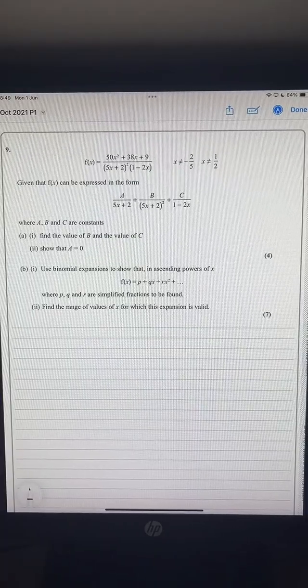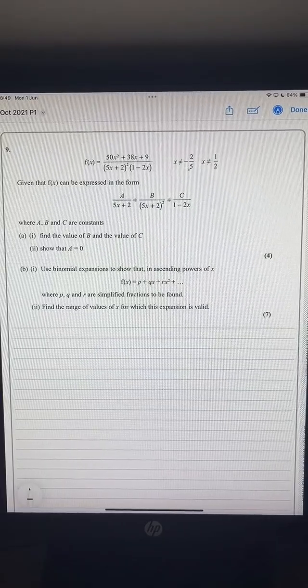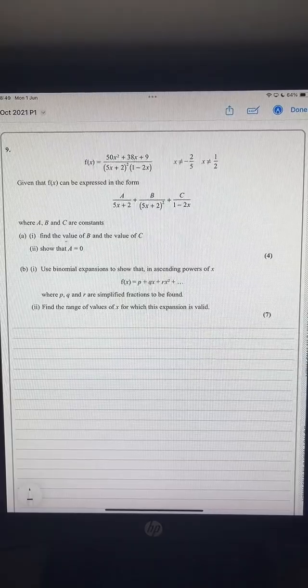So I know that f of x is equal to this big fat fraction here, where x is not equal to these values. This is just a formality saying that you cannot divide the denominator through by 0. Given that it can be expressed in this form over here, find the value of B and C, and then find the value of A and show that it is 0.